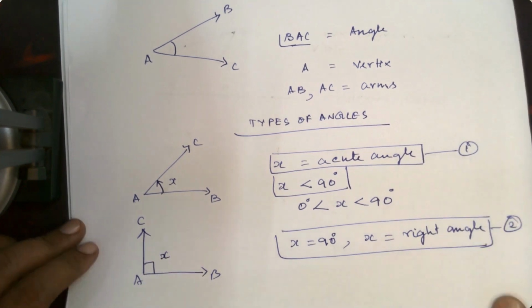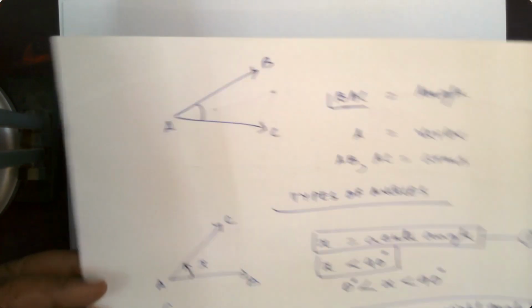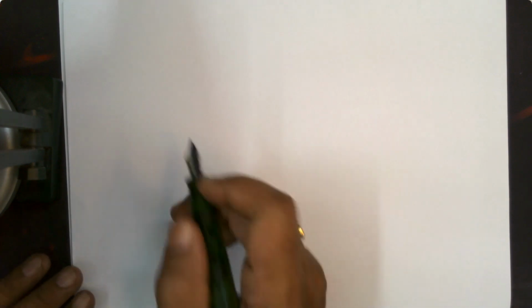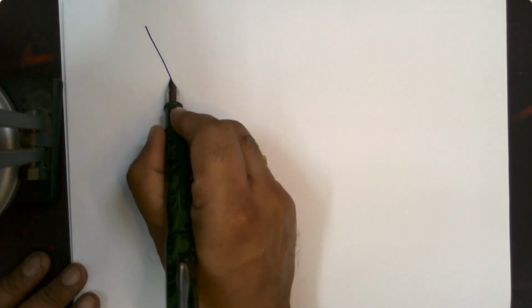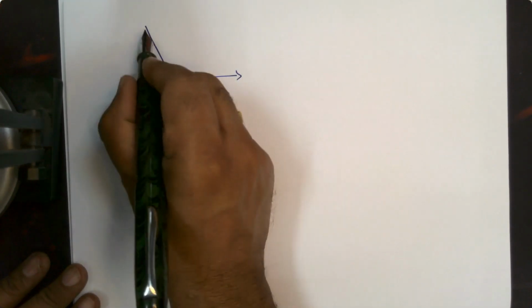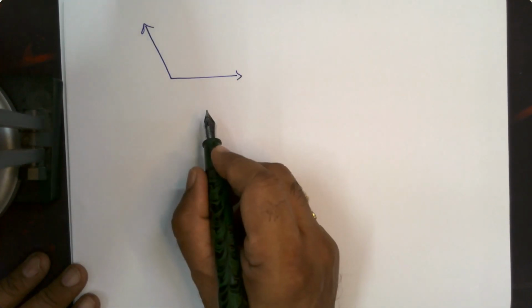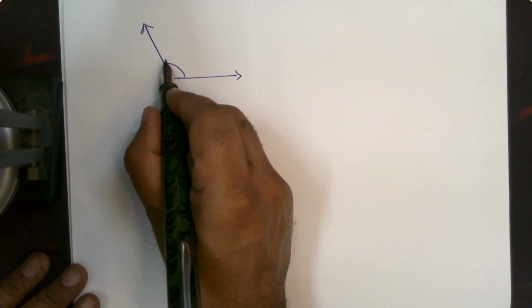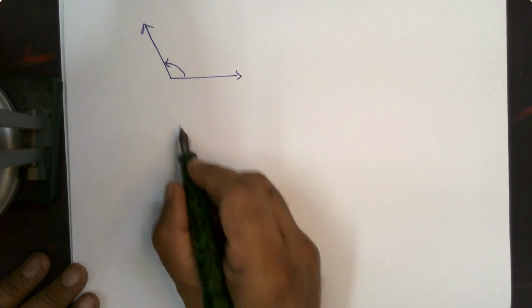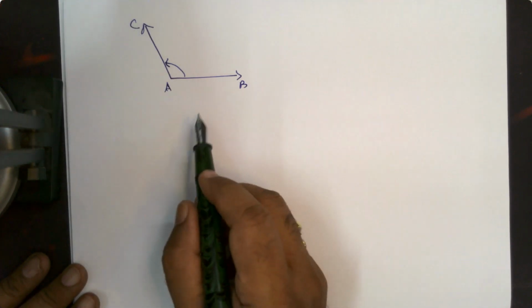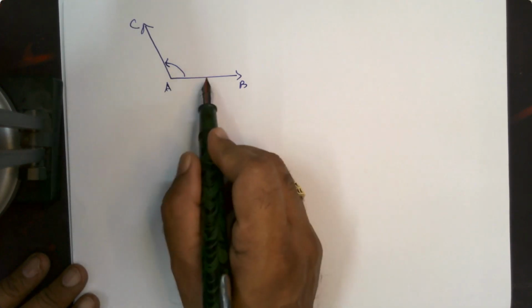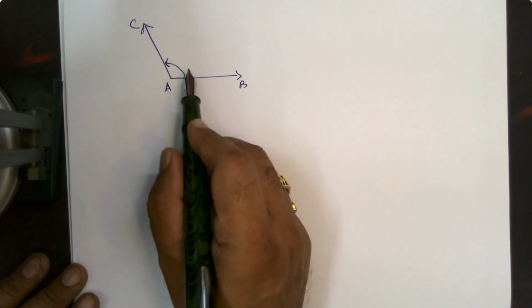Now, let us have another type of angle. So here it is above 90 degree. So A, B, C. The two arms of the angle subtend an angle that is above 90 degree.